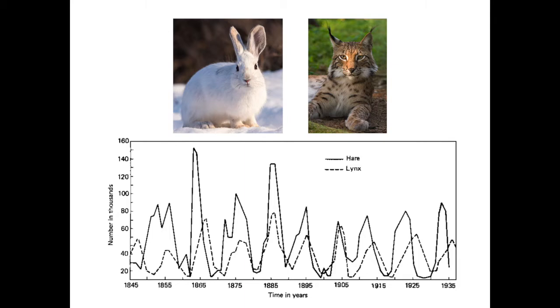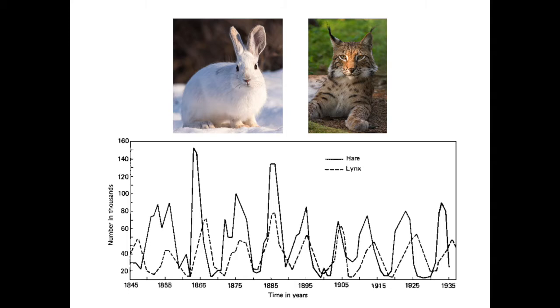For example, Hudson's Bay Company in Canada noticed cyclical patterns in the populations of the animals they hunted, like the Canada lynx and the snowshoe hare. Not only did the populations both rise and fall, but their cycles seemed to be locked in phase and unexplained by external factors like climate.